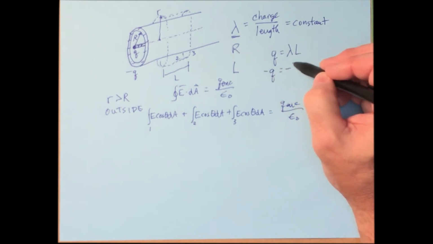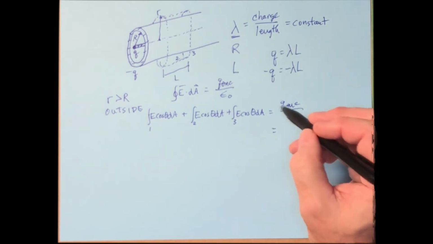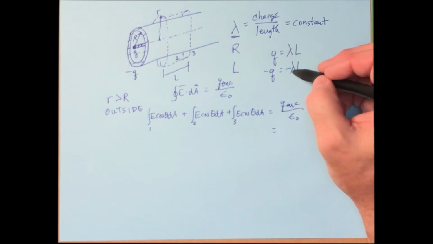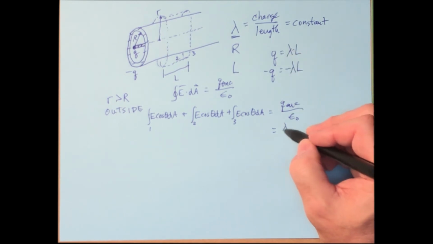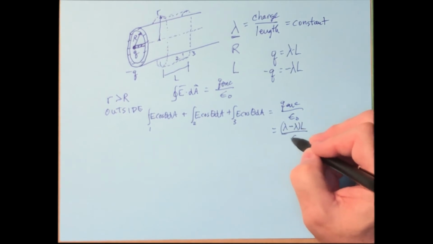Then it's minus lambda times L. So the charge enclosed for the outside is going to be both of these added together. So it's lambda minus lambda times L, all over epsilon naught.